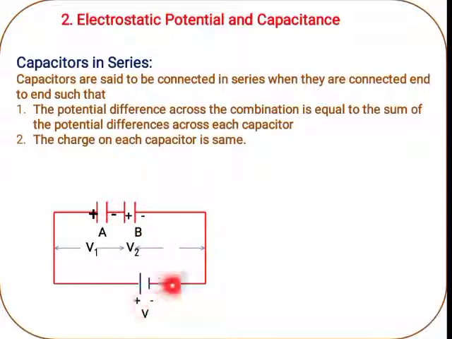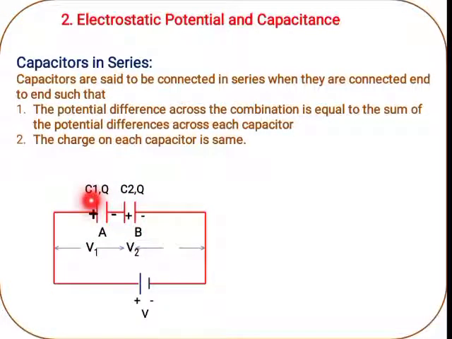Here the potential and polarity, positive and negative, are denoted. This first capacitor is denoted by C1, the second capacitor by C2. The charge on each capacitor is the same, so the symbol is only Q. I have not differentiated Q1 and Q2 here because the charge on each capacitor is the same.